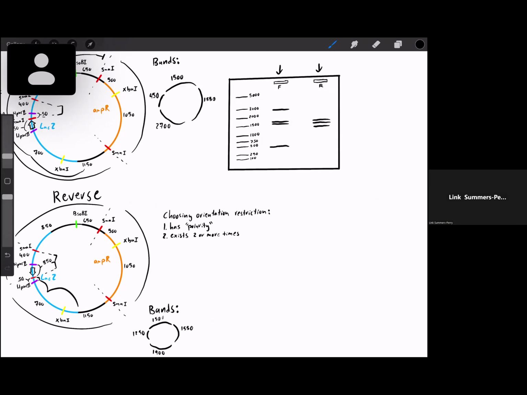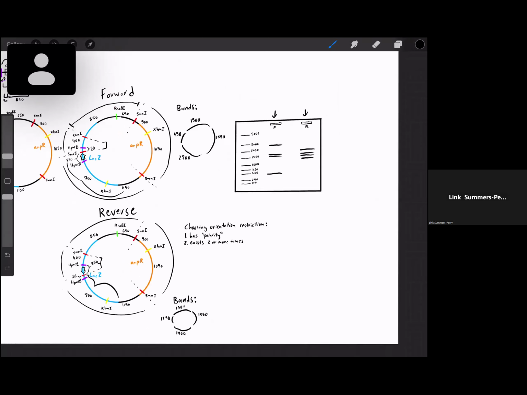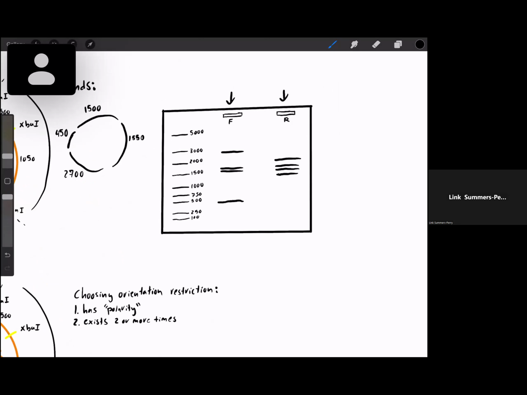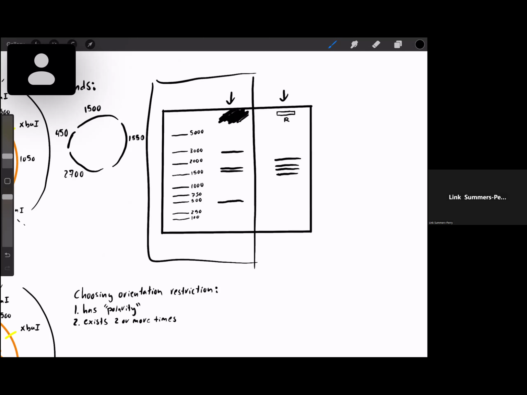And then we have 1,900, which will be right underneath 2,000. So what she might do is ask you to put them here, but she could also go like this and ask you to identify, given these results, is the insert forward or reverse orientation. That's something she could ask.